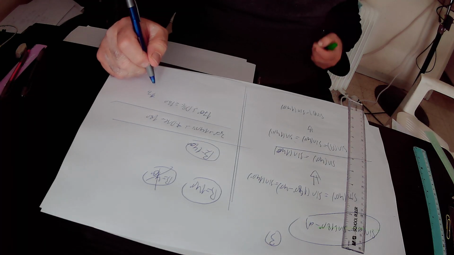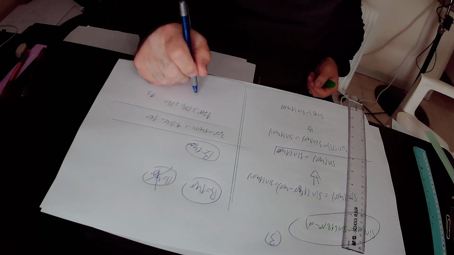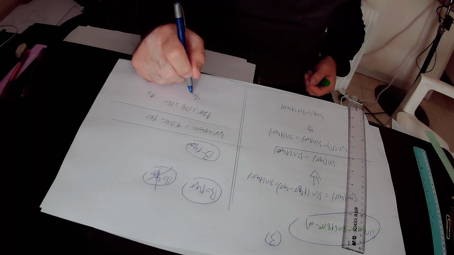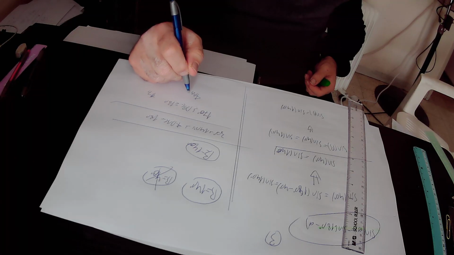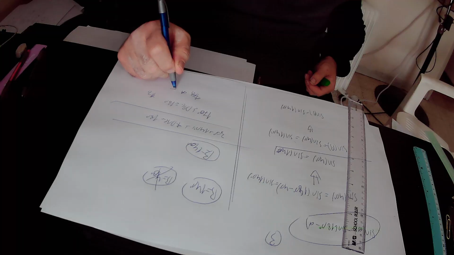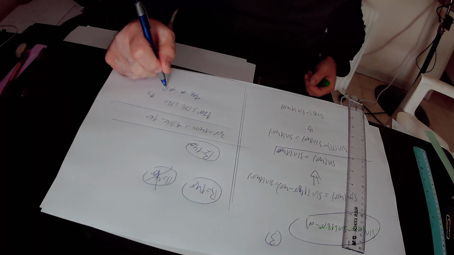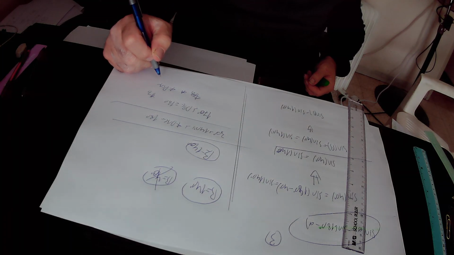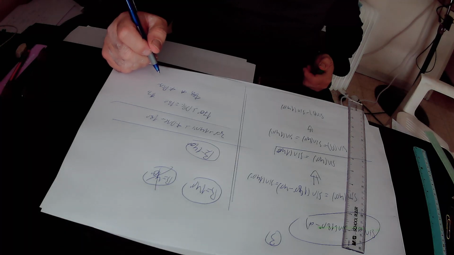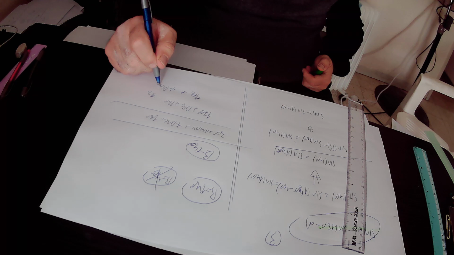We get that the missing angle DBC equals 180 degrees minus 170 degrees, which is 10 degrees.